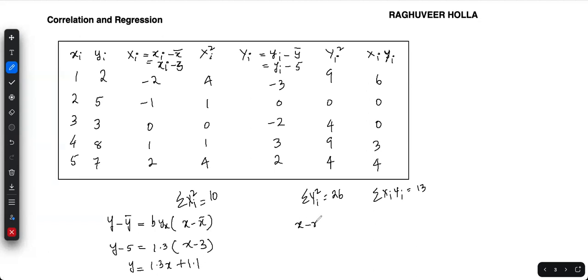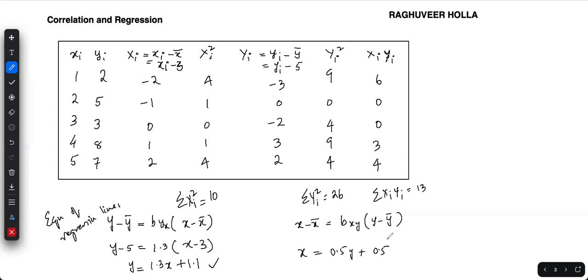And x minus x bar is b x on y times y minus y bar, so we get x equals 0.5y plus 0.5. So these are the equations of the regression lines.